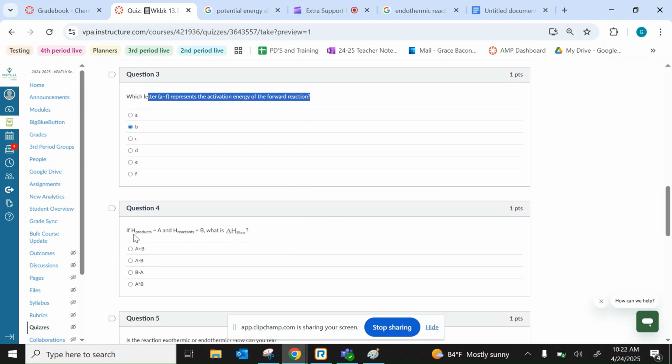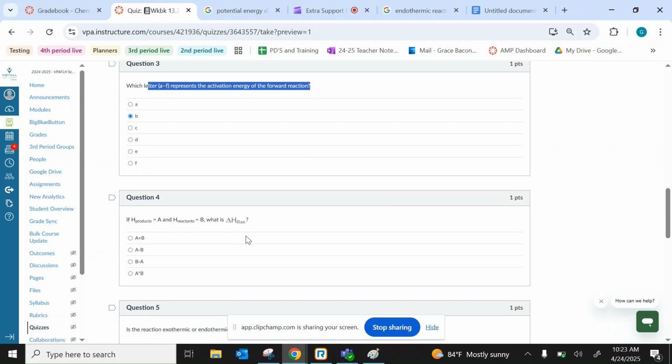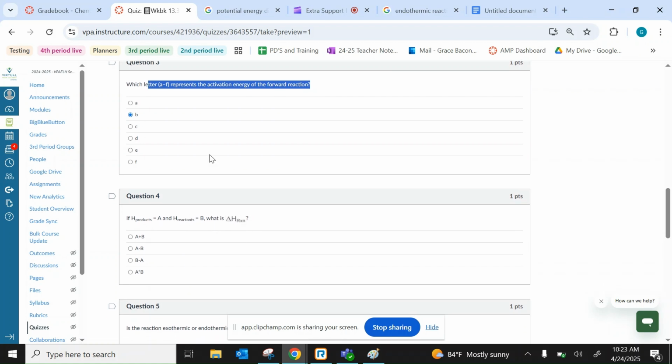All right, if the enthalpy of the products equals A and the enthalpy of the reactants equals B, what is the enthalpy of the reaction? So I'm saying if I give you some value for the enthalpy of the product and some value for the enthalpy of the reactants, what's the enthalpy of the overall reaction? Now, I don't actually even need the graph for this one.